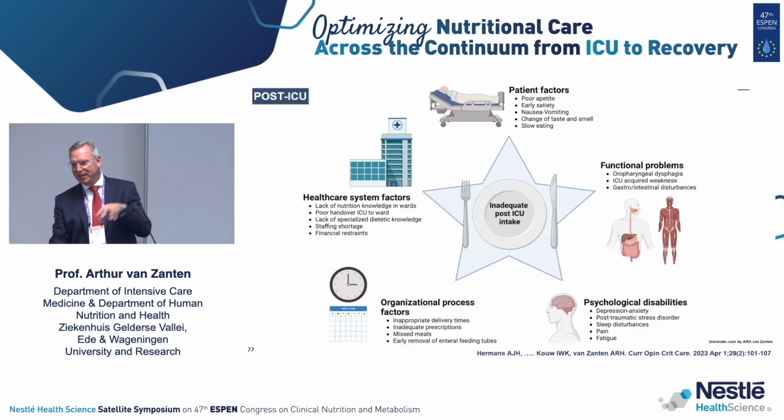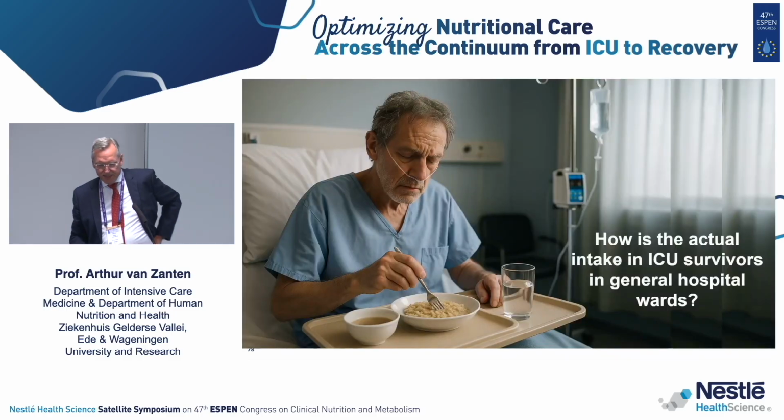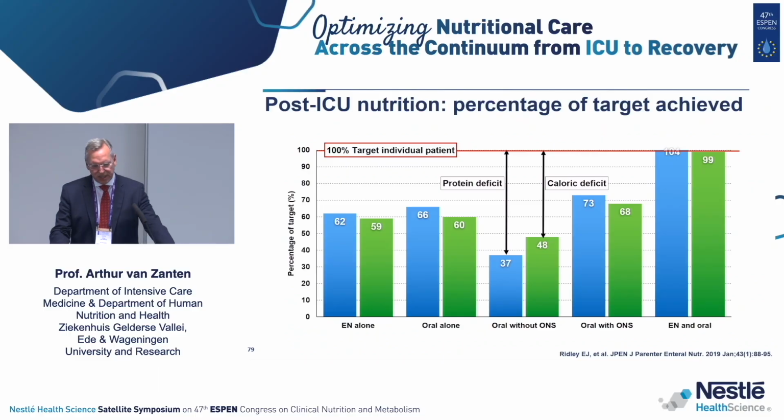And there are so many reasons why feeding in the post-ICU phase doesn't work. Patient factors: poor appetite, functional problems, dysphagia, depression, but also the hospital system is important. Now, what's happening in the general wards? This is work by Emma Ridley showing that in patients in general wards, if you only rely on oral nutritional intake, so normal hospital food, the energy intake is about 50%, but the protein intake is only 40% of the target, so a huge deficit.